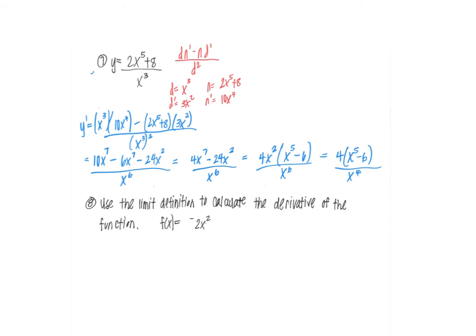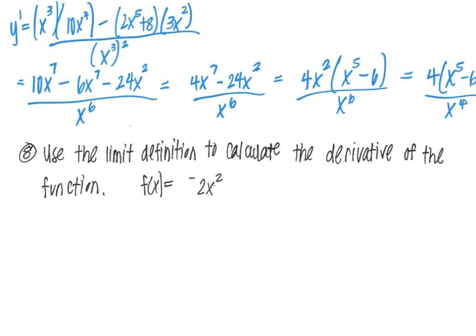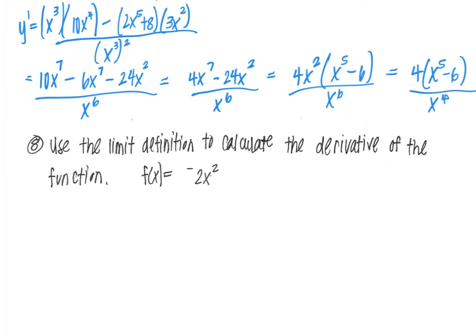Now right here, it says use the limit definition to calculate the derivative of this function. Now, I'm going to just tell you really quickly and really easily, the derivative of this function, we know by the power rule, is negative 4x, right? But that's not the way I want you to do it. In fact, if that's what you write down on your paper and that's all I see, that's no credit for that problem.